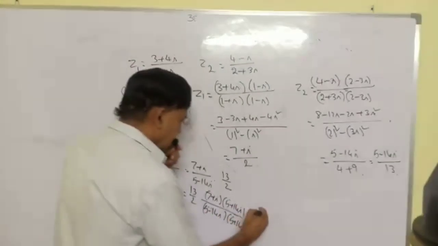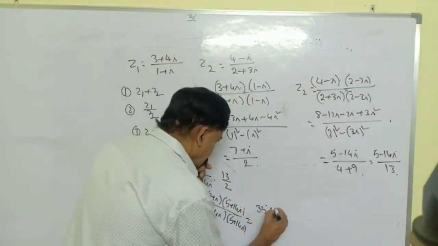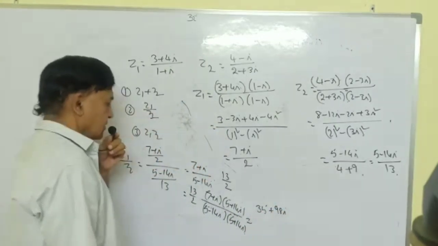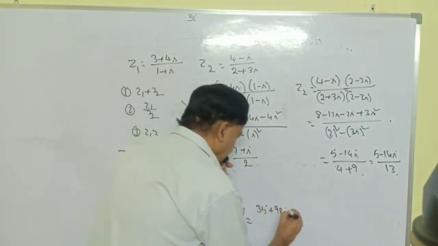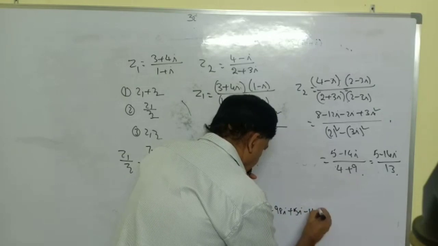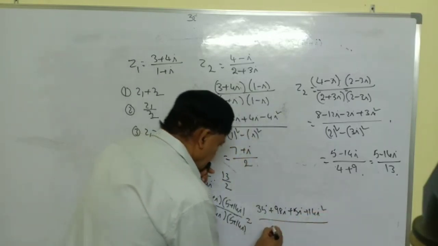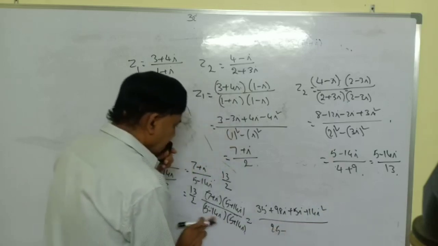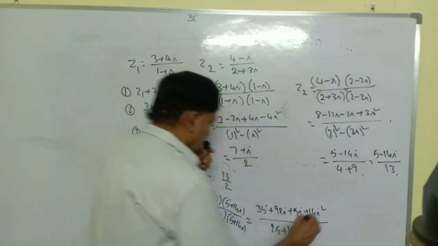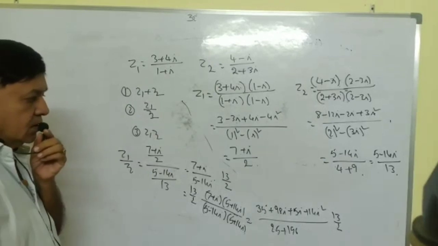So when you simplify this, you are going to get 35 plus 98i plus 5i plus 14i square, whole divided by a square plus b square, which is 25 plus 196, into 13 by 2.